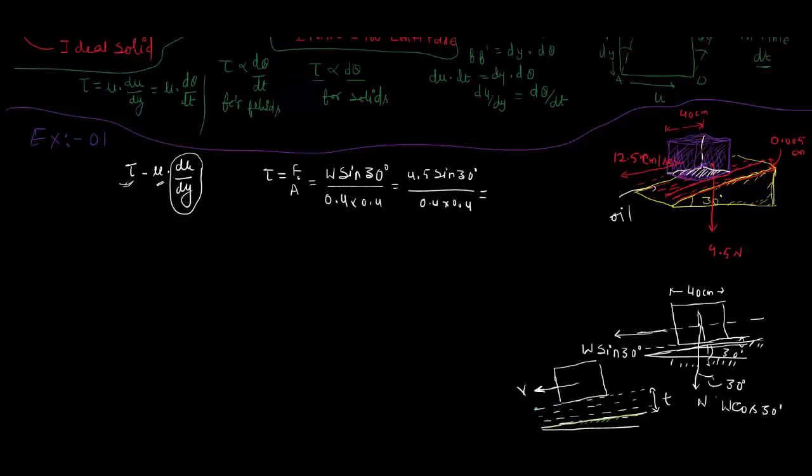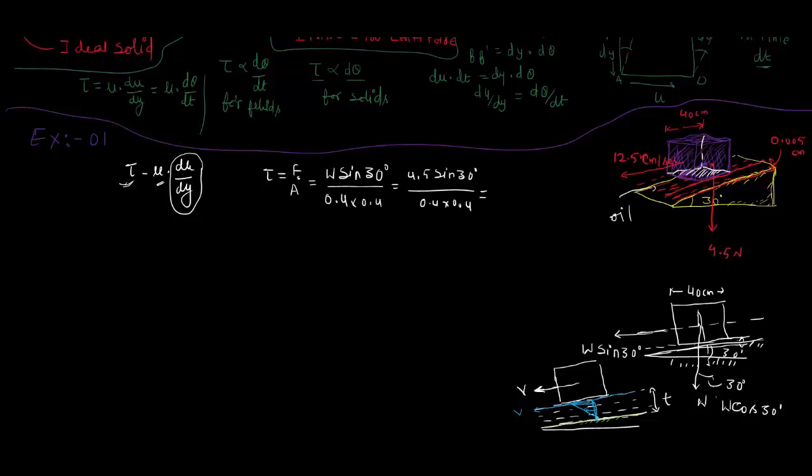So for this layer that is stuck to this block, the velocity is V. So there is a distribution of velocity here. At this point the velocity is 0, at this point the velocity is V, and for the calculation purpose we are saying this is linear, so the profile will look like this. This velocity vector is V, and this is 0.